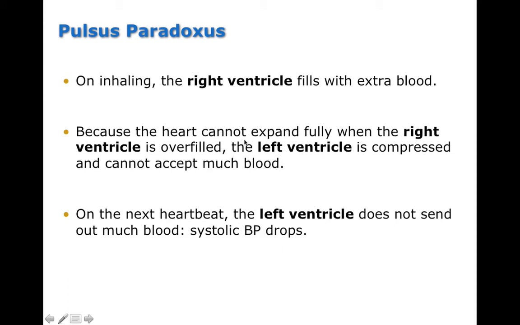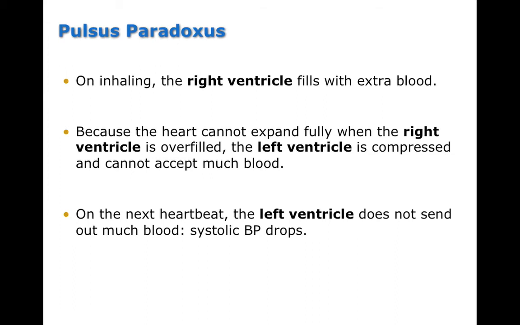So it's this really odd condition where, because you take a deep breath during ventricular filling, if the right ventricle fills with too much venous blood, it actually compresses on the left and leads to a decrease in cardiac output. So it's kind of a fascinating condition. And this would be treated by essentially training people to take adequate breaths. If the breaths are too deep and just timed right, they can have too much filling of the heart, which can limit cardiac output.